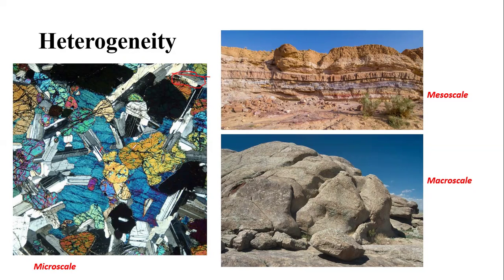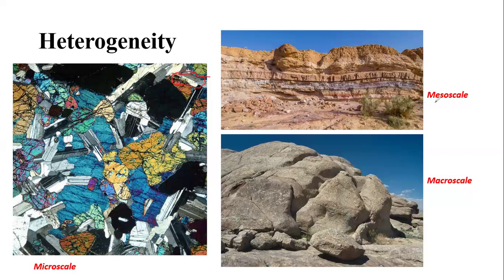These things have different colors, different physical and optical properties. So it's heterogeneity when we are zooming into a particular thing.